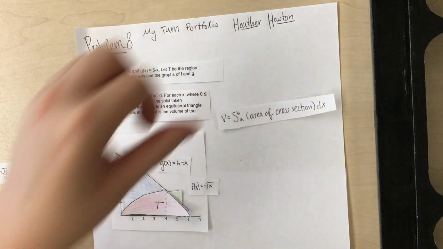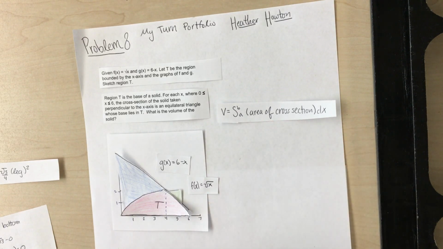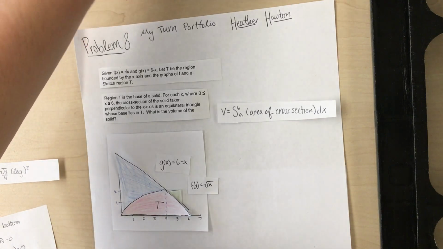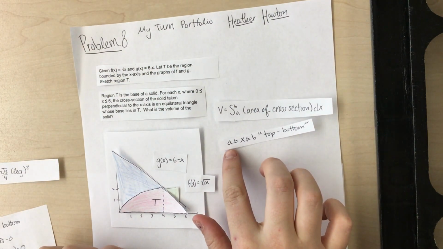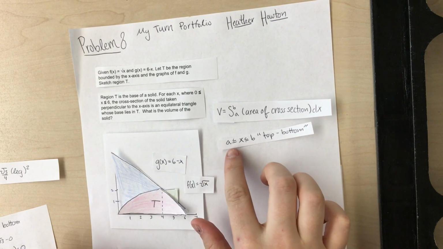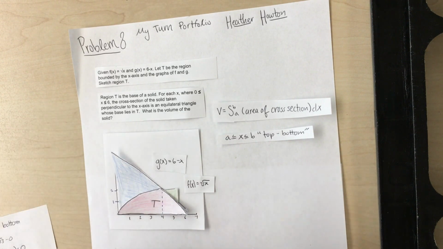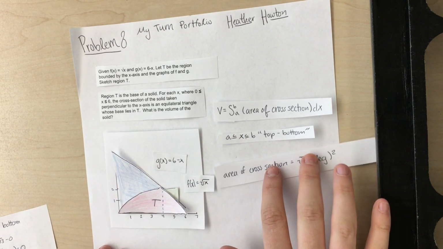So we are going to use a volume equation involving the area of a cross-section, where A is going to equal 0 and B is going to equal 6.